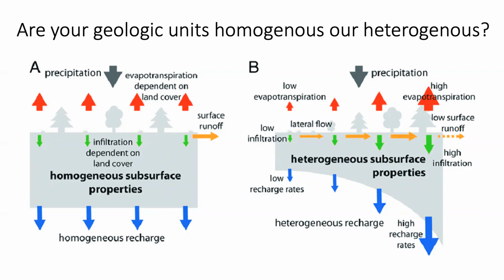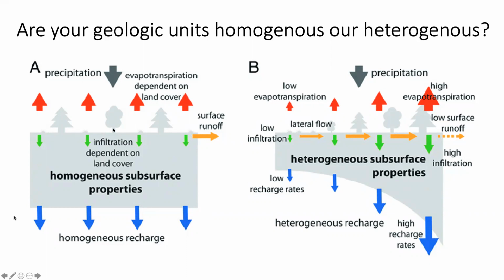So we may call that homogeneous, or whether that material is heterogeneous in nature, meaning you have all sorts of different kinds of materials potentially mixed together in a system. And the reason that we want to understand that is because they have very important implications for what's taking place in terms of the overall hydrology of this environment.